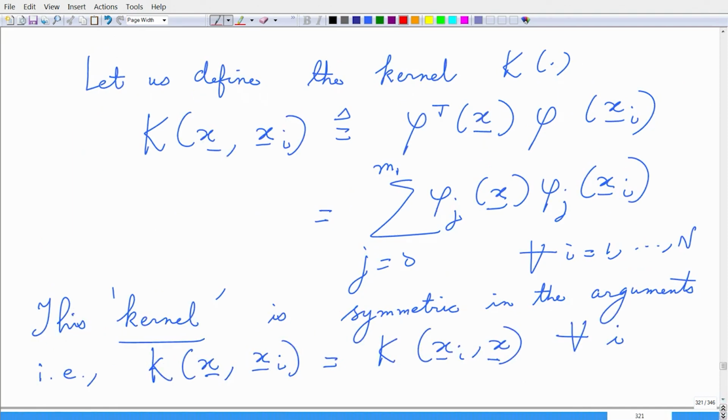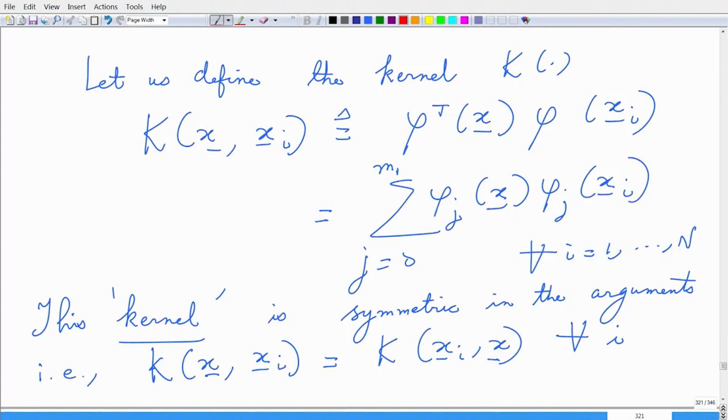Now we are sort of there to define this kernel, but I have to link this kernel with more intricate properties, such as what the properties of this kernel are, for which I require Mercer's theorem. But before I get into the details of Mercer's theorem, let me bring this clarity: I can take the inner product of phi of x with phi of xi, and I define that to be my kernel K with two arguments x and xi.